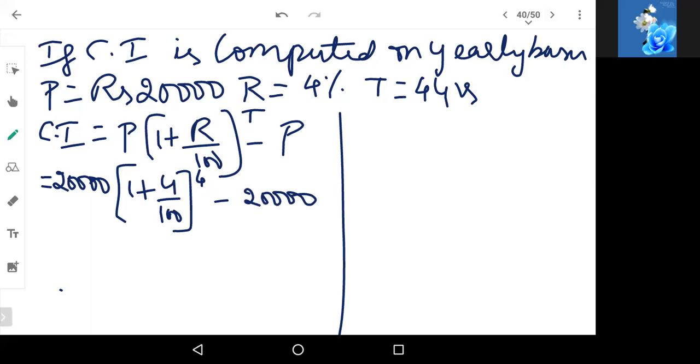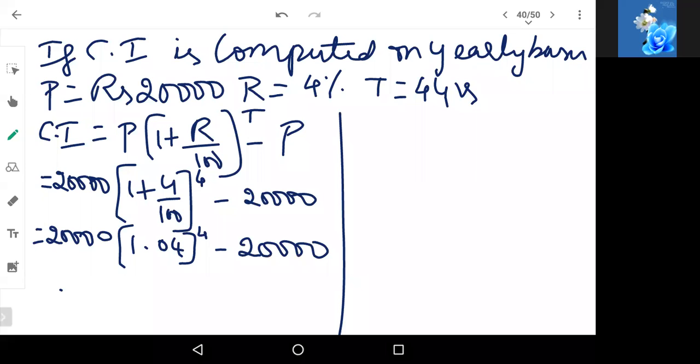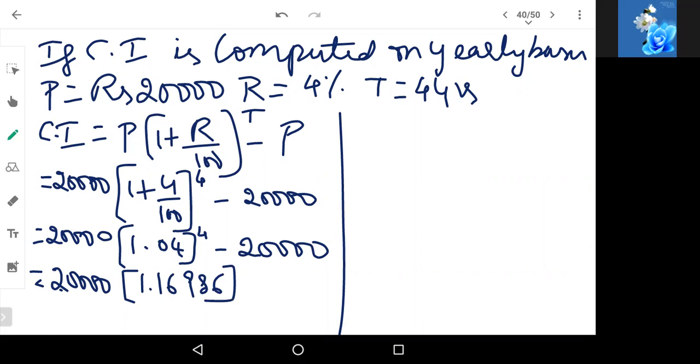So 20,000 into 1.04 to the power 4 minus 20,000. So 20,000 into 1.16986. How did I get this value? I multiplied 1.04 4 times, minus 20,000. So we get 23,397.2 minus 20,000.